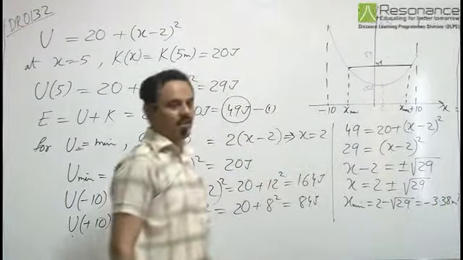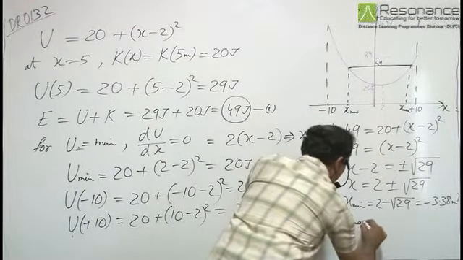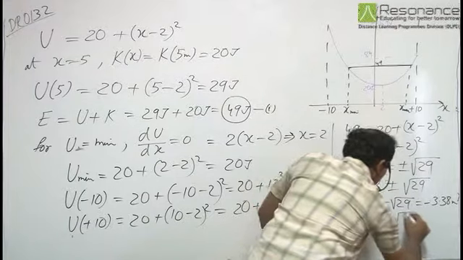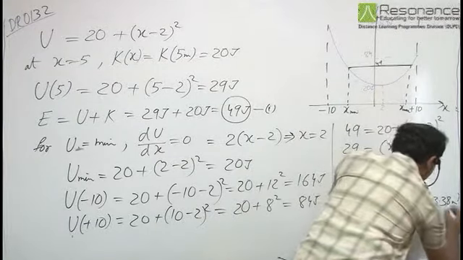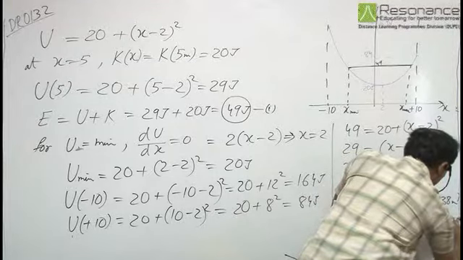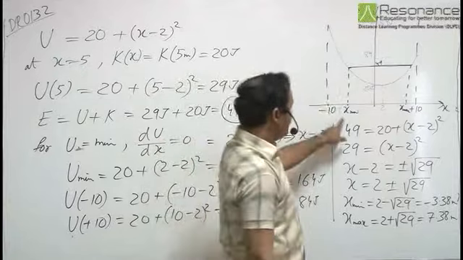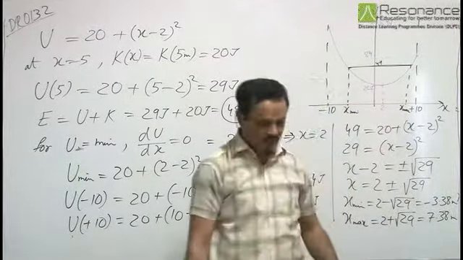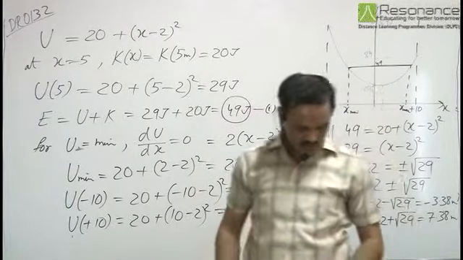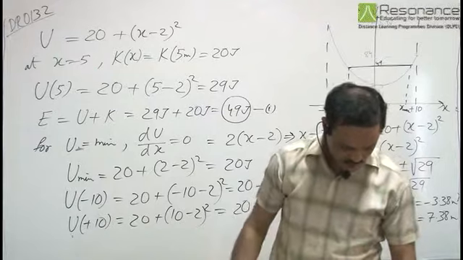This is the position of x minimum, and x maximum is 2 plus root 29, that is equal to plus 7.38. So the particle moves between minus 3.38 and plus 7.38. These are the points between which the particle can move.